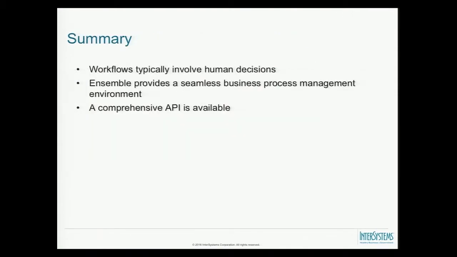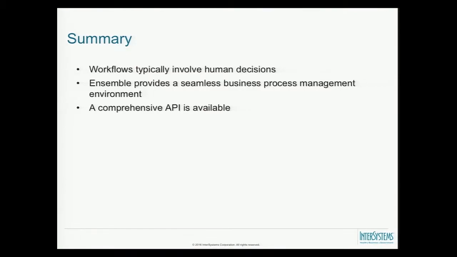So in summary, workflow typically involves human decisions, whether it's a core part of the application, so the application drives the human interaction, or the application actually sends exceptions through to the user, so they've got to deal with exceptions like malformed messages, master patient index, and so on.